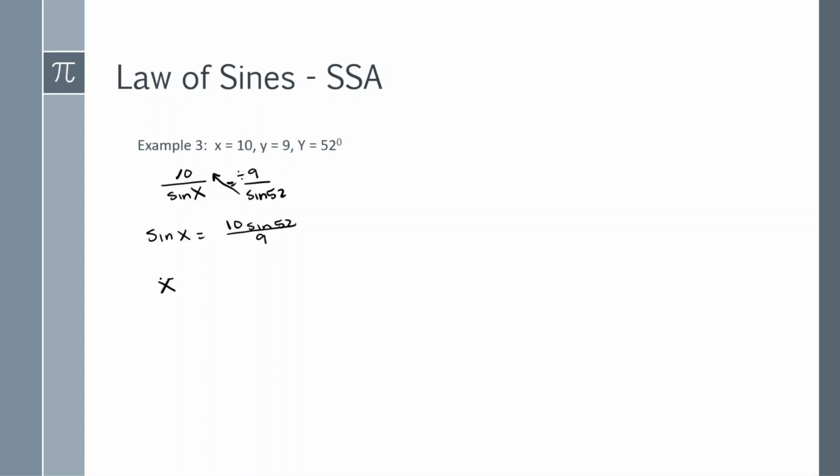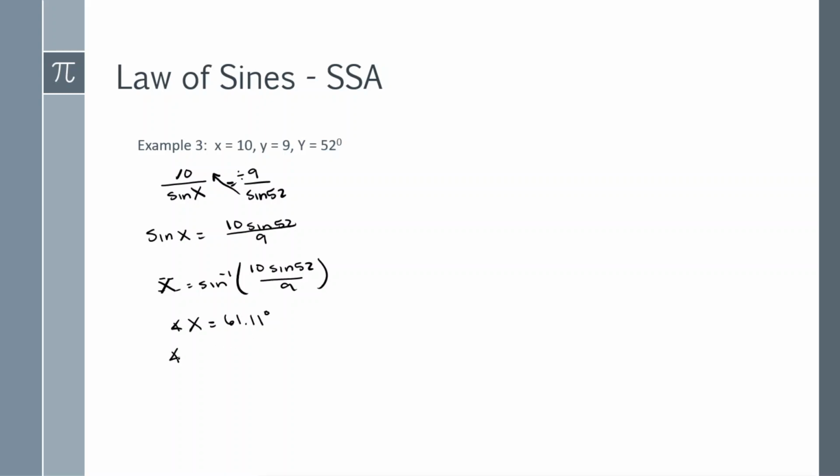So now angle x is going to be the inverse sine of that quantity. And we'll plug this into our calculator. And it gives us angle x is equal to 61.11 degrees.